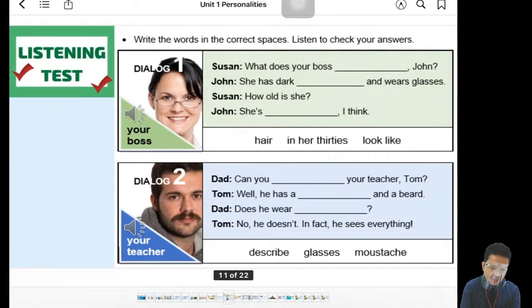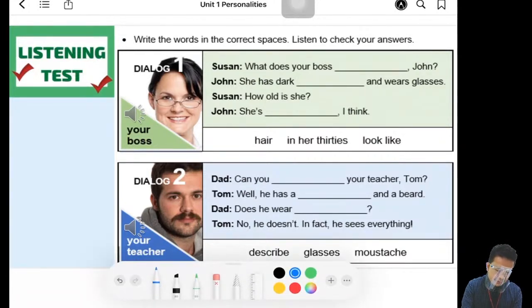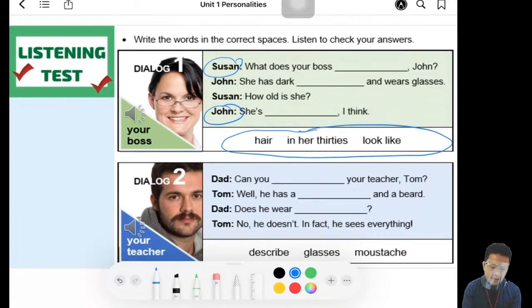On the first dialogue, as you noticed, there are two people talking or describing different personalities. We have here Susan and John. Now, you're going to choose your answers below, here in the white box. Inside the white box, you have here the word hair, in her 30s, look like. So, let's try to do this.